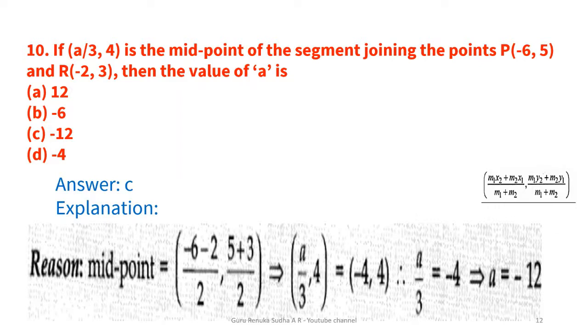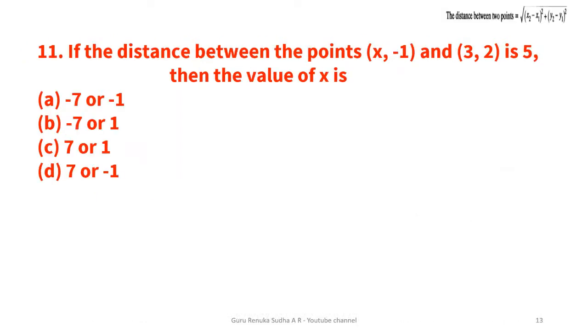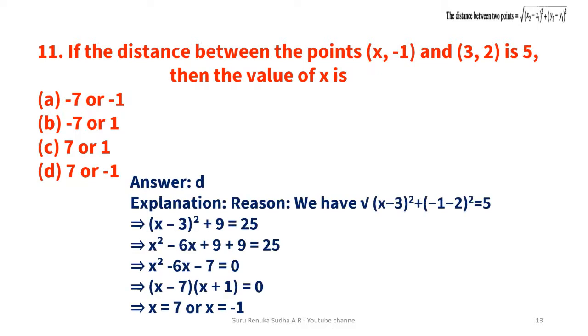Okay, next 11th. If the distance between the points (x, minus 1) and (3, 2) is 5, then the value of x is, distance formula again apply. Substituting the values of x1, x2, y1, y2, you can get root of (x minus 3) whole square plus (minus 1 minus 2) whole square is equal to 5.